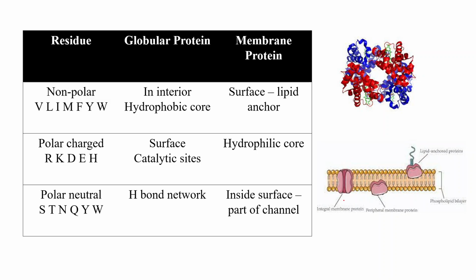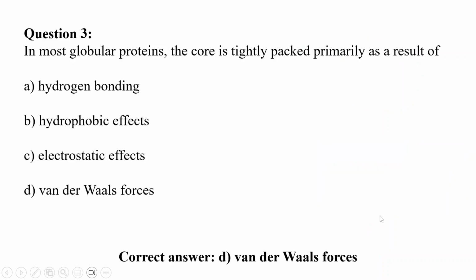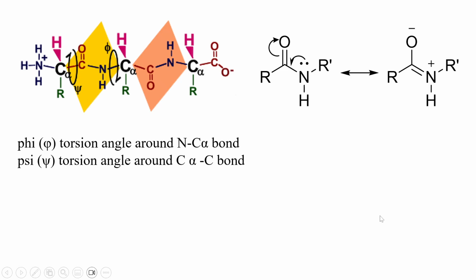Either it can span the membrane or it can be a part of the upper or the lower part of the membrane. Since the membrane is a lipid bilayer, you have a polar head group and then hydrophobic chains. The polar head group is outside and the hydrophobic chains are towards the inside.